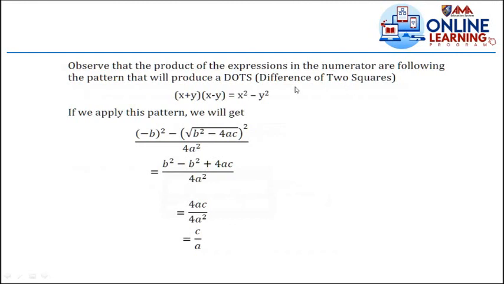So we're going to follow that one. x plus y multiplied by x minus y, we're going to have x squared minus y squared. If we apply this pattern, we will get negative b squared, which represents your a, minus the square root of b squared minus 4ac squared divided by 4a squared.